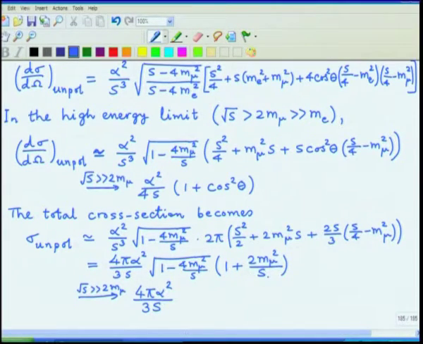Everything else drops out. So, this is the contribution from this various integrals, and one can see the various factors emerging.